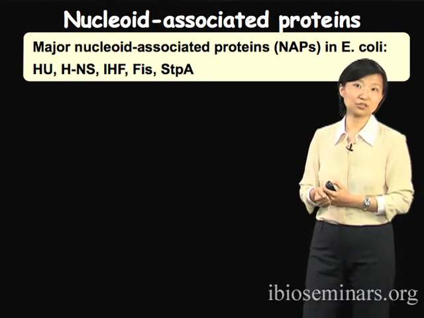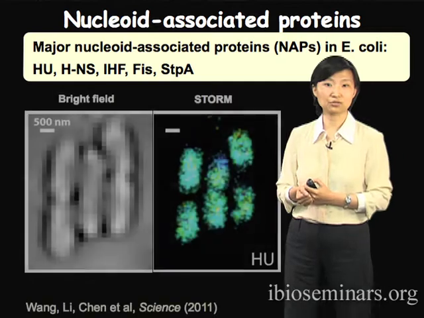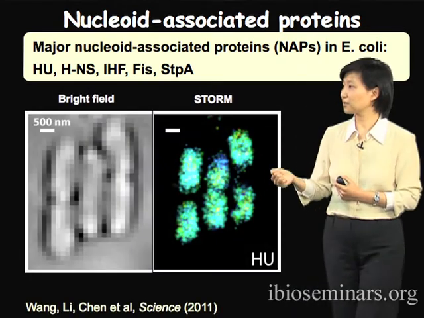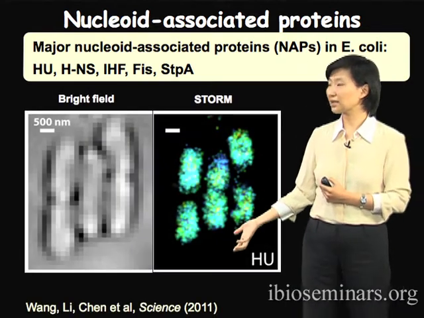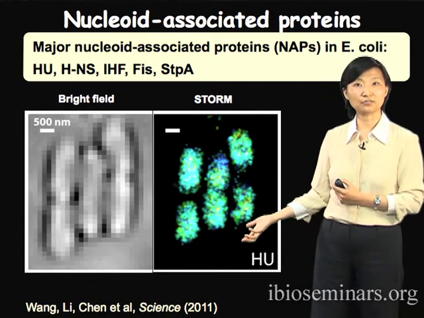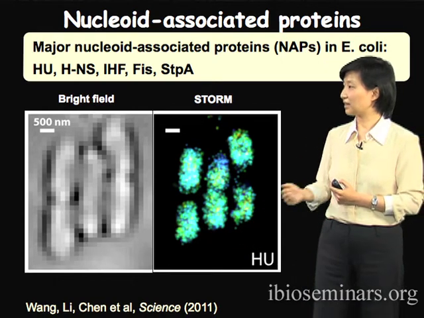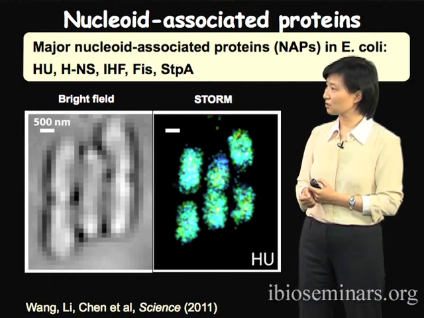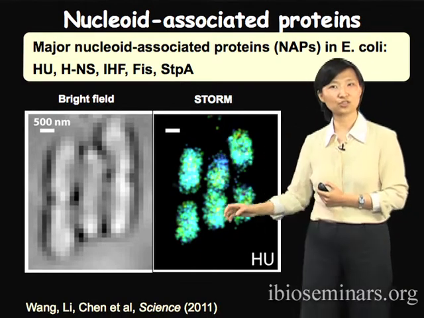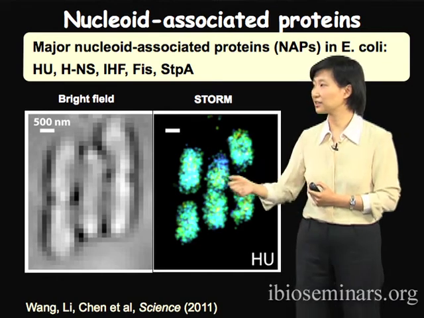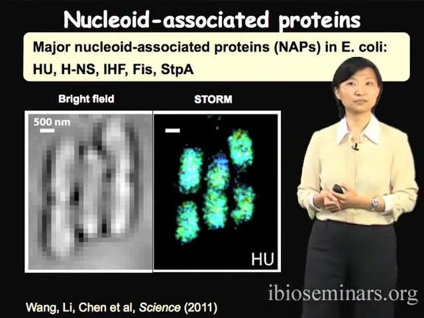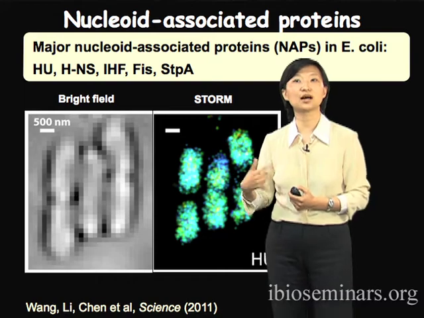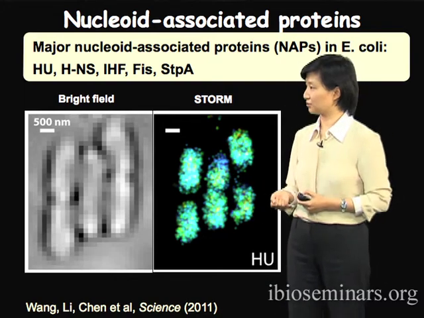And we imaged their distribution using STORM. And here, for example, what you see is a live cell STORM image of HU in an E. coli cell. And you can see that these HU molecules are pretty much scattered throughout the entire nucleoid. And here, shown on the left, is the bright field image of the E. coli cells.